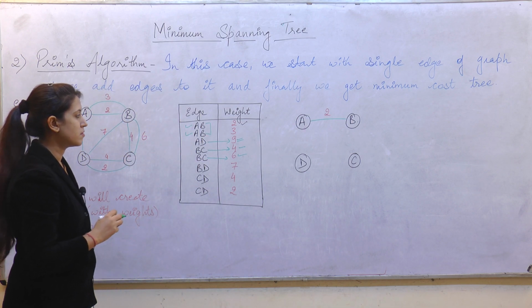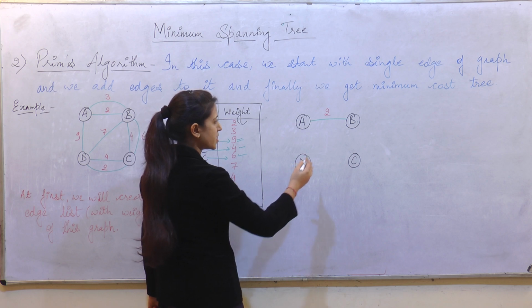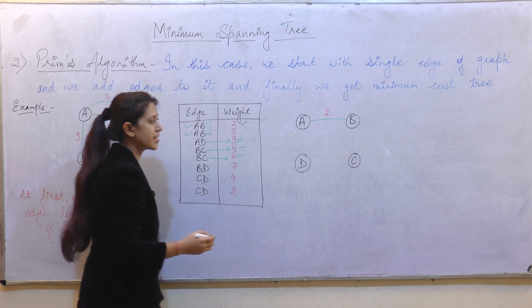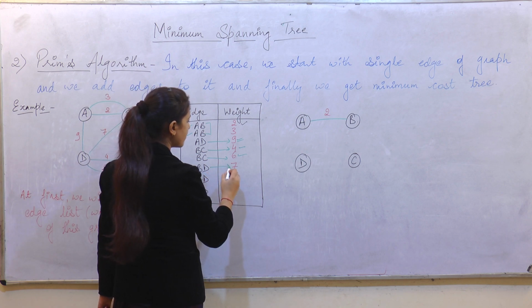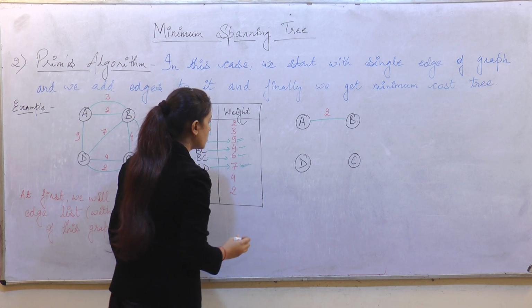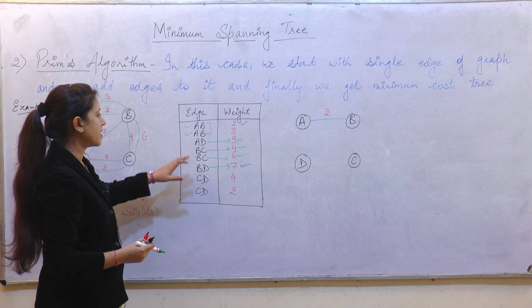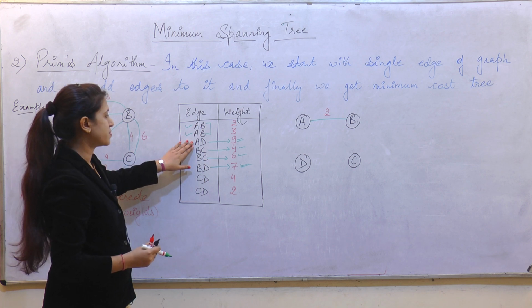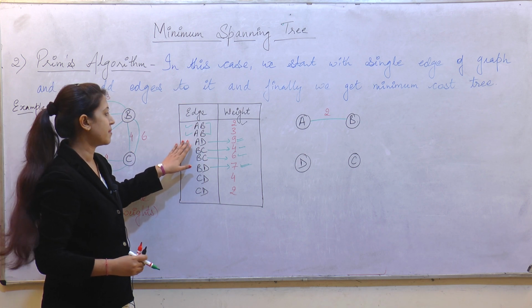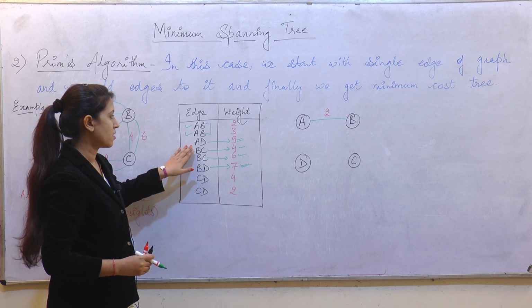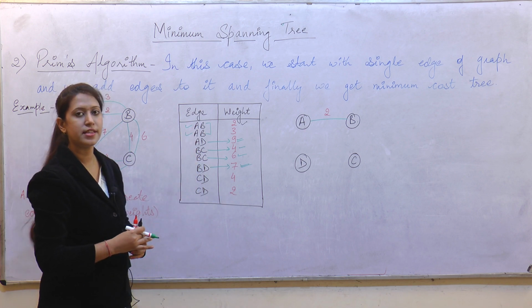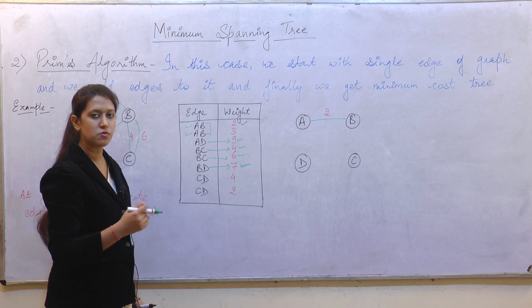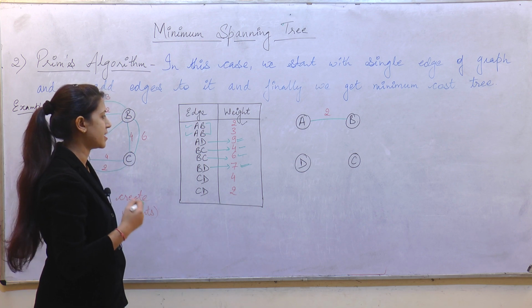So what we will do, and the other option is for connecting the nodes B to D, which gives us weight 7. So we will choose the option which gives us the minimum weight of the edge. Minimum weight means we will choose the edge that contains the minimum weight so that we can get the minimum spanning tree.